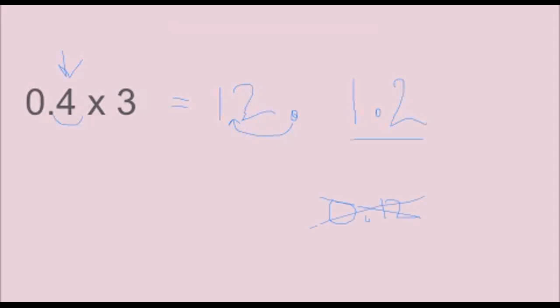Okay, let's do another one. 4/10 times 65. Now at this point you might be like, whoa, Ms. Wolf, I don't know 65 times 4 in my head. And you're right. This is probably where we're going to move from some mental math to doing some math on a whiteboard or paper.